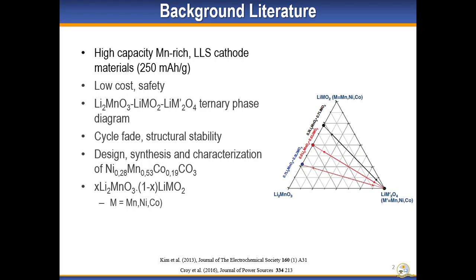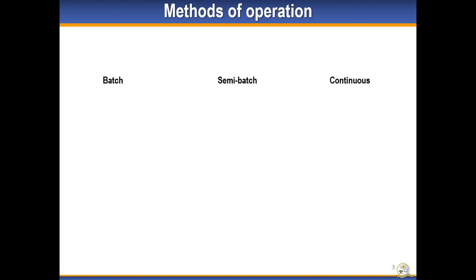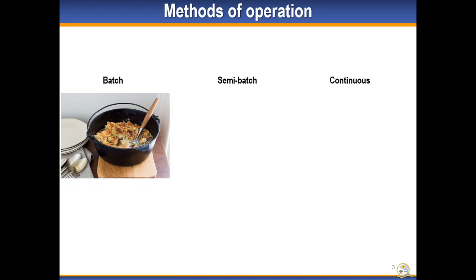In this work, we design, synthesize, and characterize Ni 0.28, Mn 0.53, Co 0.19 carbonate materials. There are three different ways in which a reactor can be operated. In batch mode, which can be thought of as a pot with a closed lid, there are no streams coming in or out.